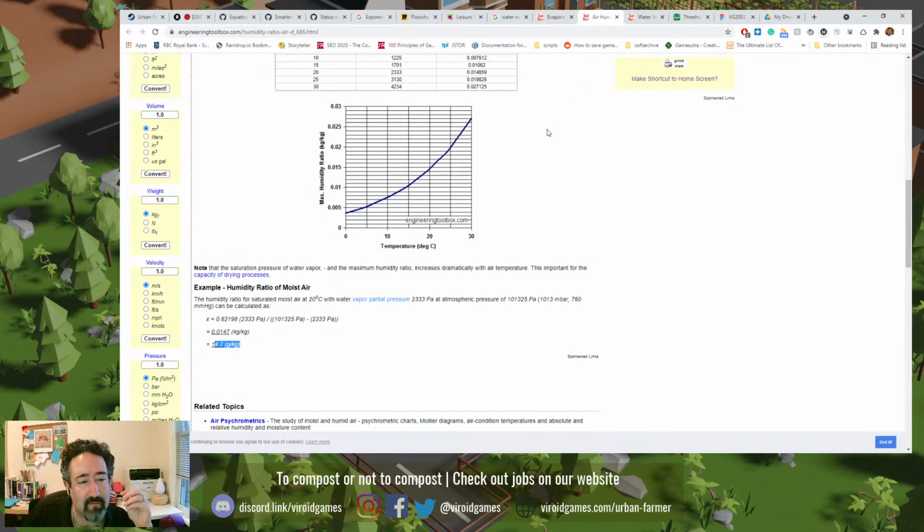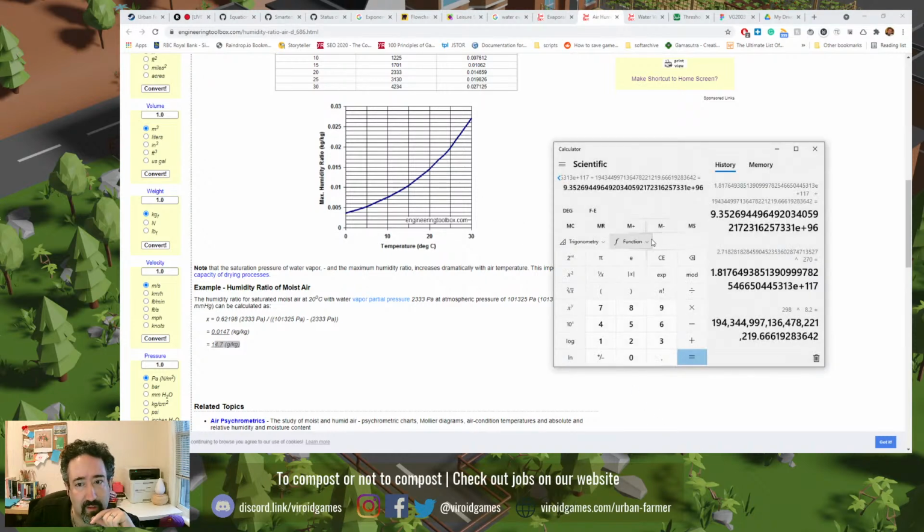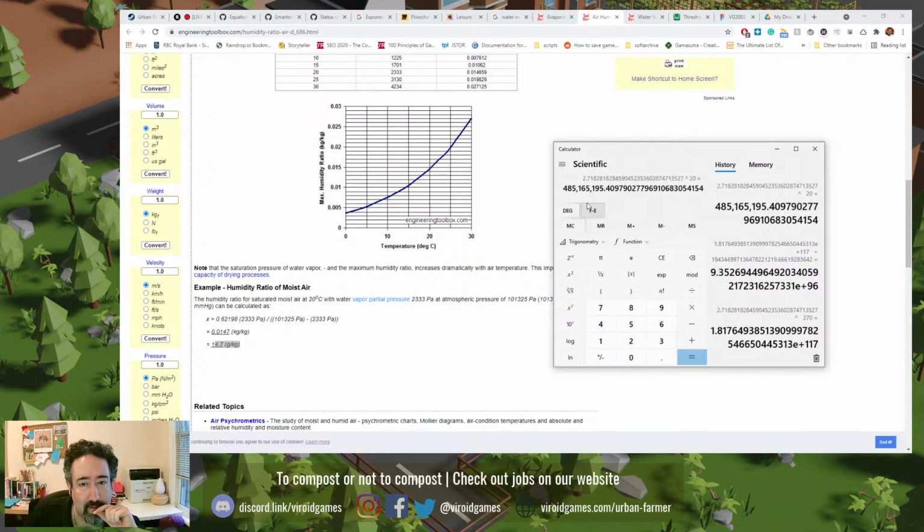So where are we here? So when is 20 degrees? Let's do a stupid thing here. When you do this, you get this. Not like this is e to the power of 20. Some other stuff is basically humidity ratio.